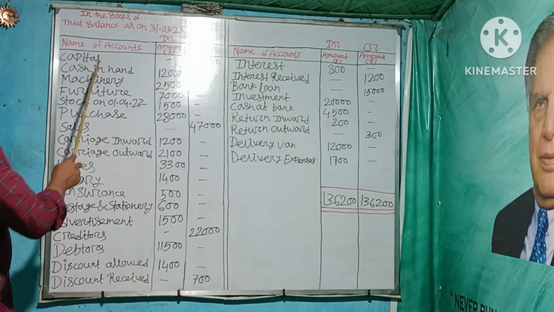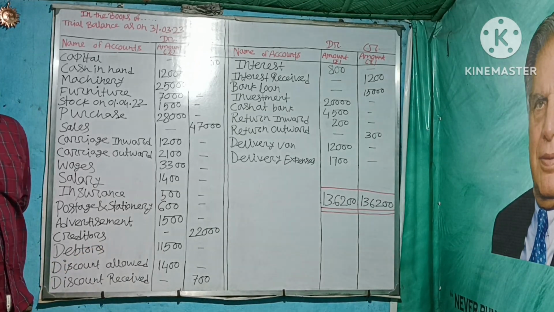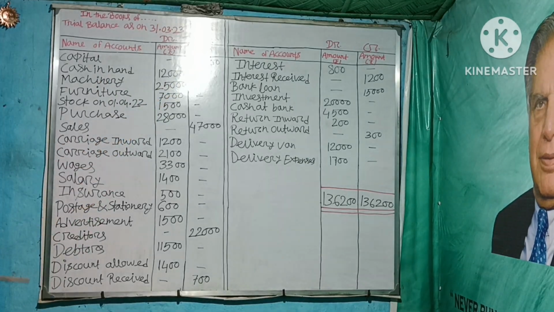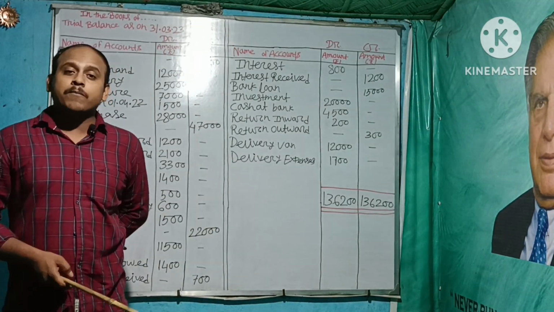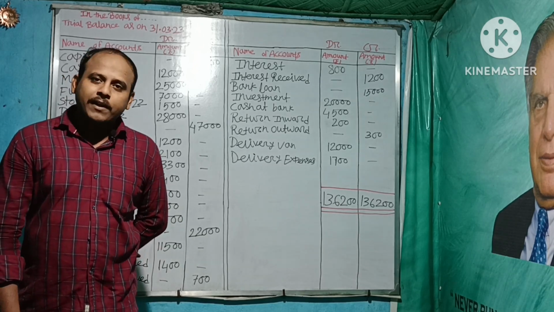First entry, capital. Capital account balance is always a credit balance. For that reason, we put 50,000 here in the credit column. Why do we put it in the credit column? Because if cash comes from the proprietor, then the journal will be cash account debit to capital.